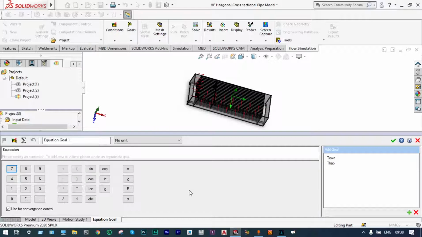So let us define that one. It will be coming from here. It is the temperature at the hot air inlet. That means 200 degrees centigrade minus temperature at the cold water outlet.